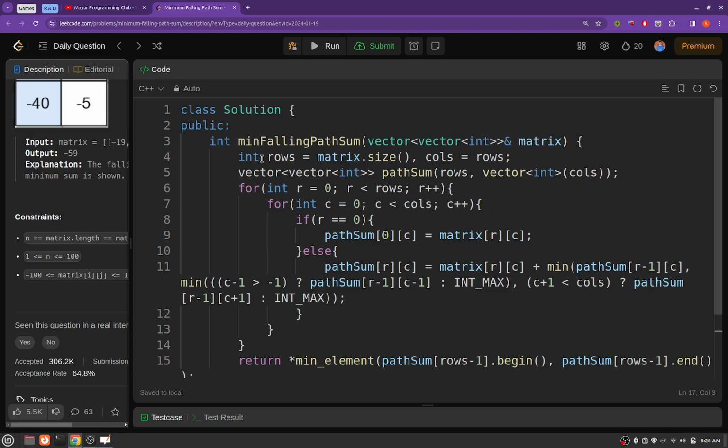So we are initializing rows and columns variables.